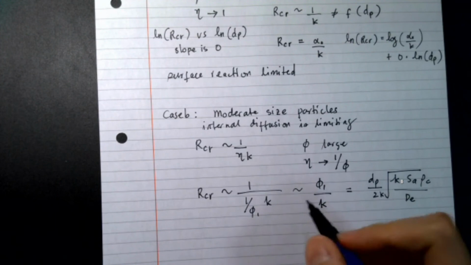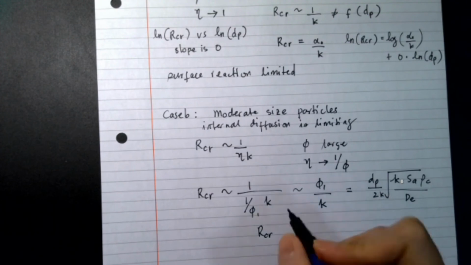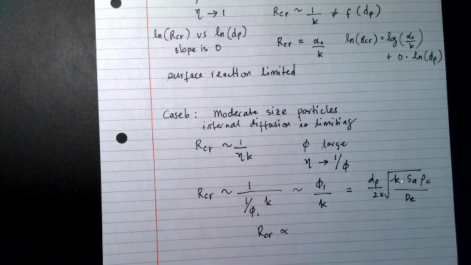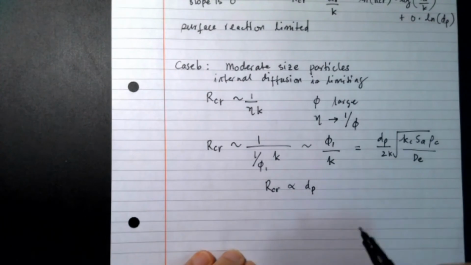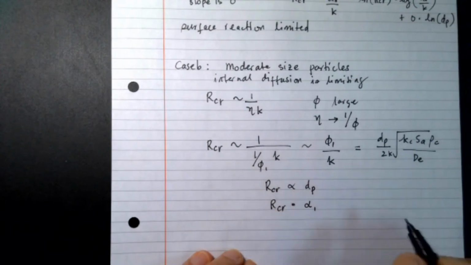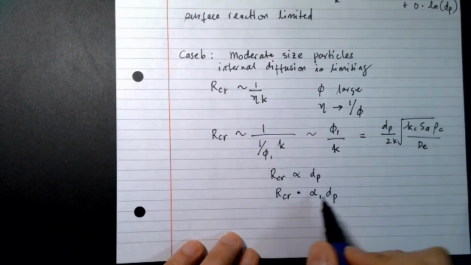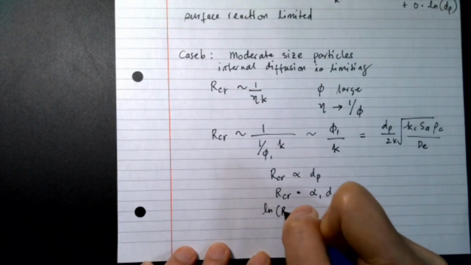So for the combined resistance, RCR, these are all constants, and these are constants too. So we can say that this is proportional to the particle diameter. If we convert this into an equal sign, you have RCR equal to some constant alpha 1 times dP. Then if we take the logarithm of both sides of the equation, log of RCR is equal to log of alpha 1 dP, which is log alpha 1 plus log dP.